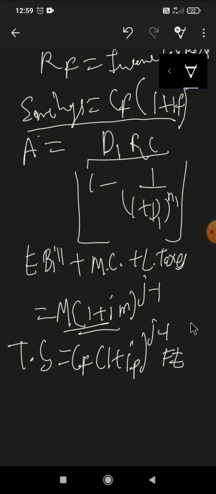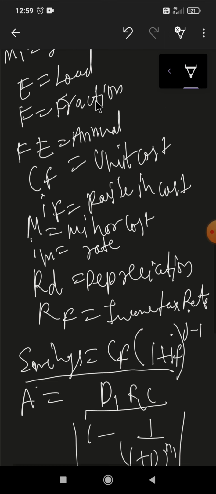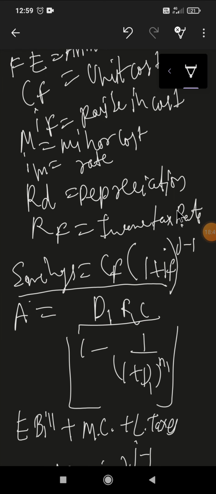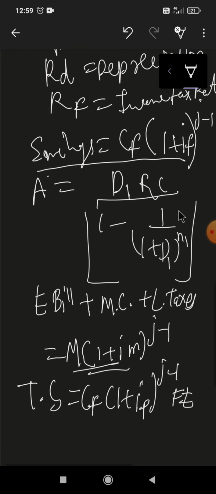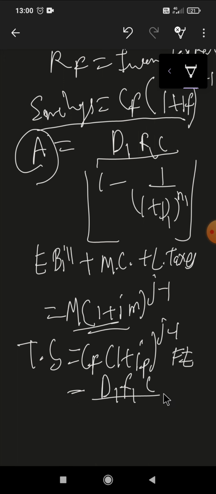F is the fraction and E is the annual load, that is how much load it is saving, and minus the annual repayment of the loan. This is the repayment every year that we are doing, so this term will be subtracted. That is D1 F1 C upon 1 minus 1 upon 1 plus D1 raised to N1.